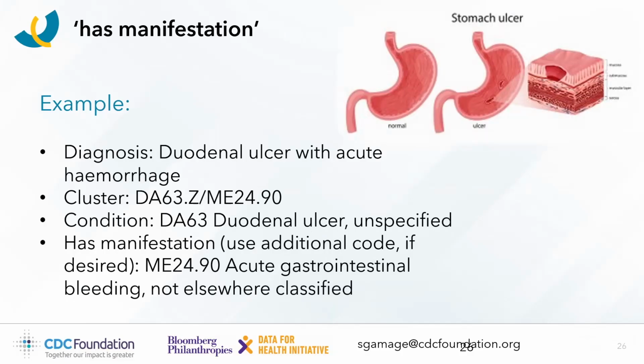The code cluster is DA63.Z/ME24.90. The condition, DA63, duodenal ulcer unspecified. The manifestation, use additional code if desired, ME24.90 for acute gastrointestinal bleeding, not elsewhere classified. So it is the manifestation of a duodenal ulcer.